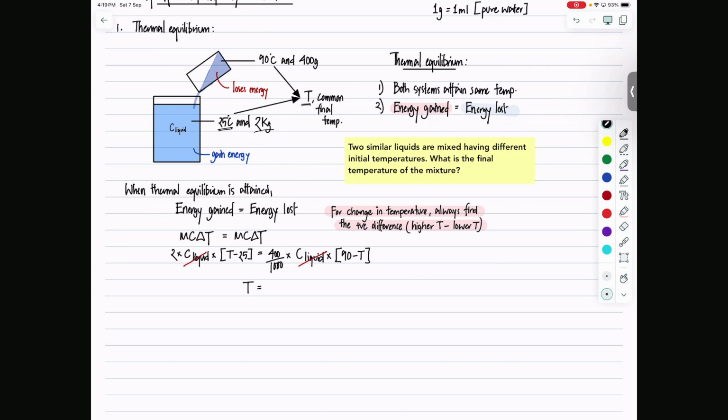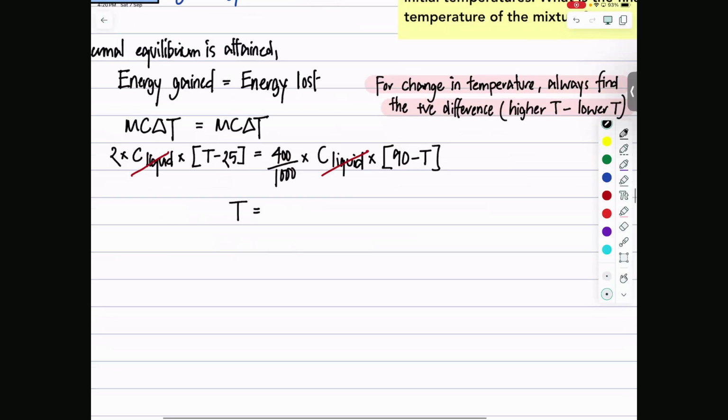That's the actual answer? Okay, you try and see what happens here. So 2 into T minus 25 and 0.4 into 90 minus T. As you solve that, you'll get your value. What do you get? 35.9. Okay, so 35.9 degrees Celsius.